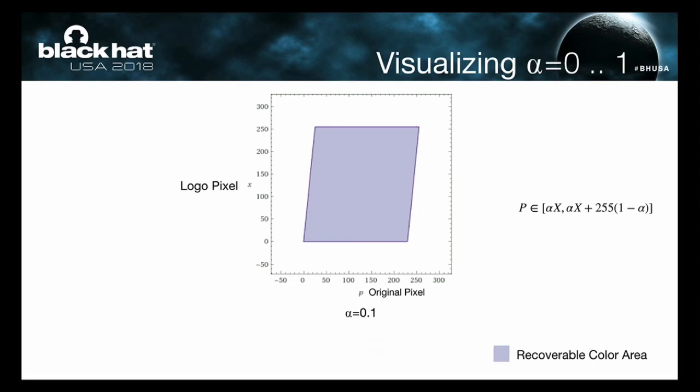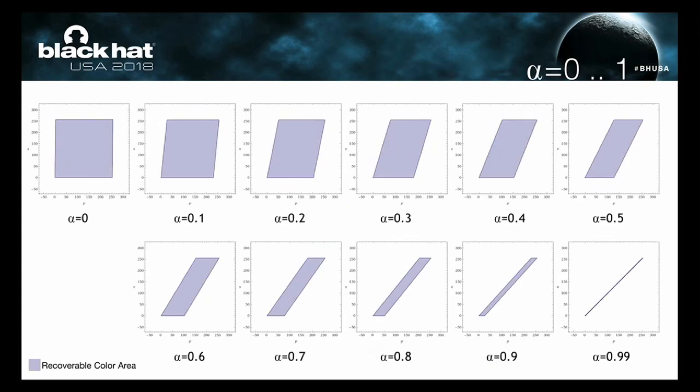Then when the alpha goes up, the recoverable area gets smaller and smaller and smaller. When the alpha goes to about 0.99, or to totally opaque, then the window closes. There's nothing we can do. It's pretty straightforward, right? So this is the estimation of method number 1.